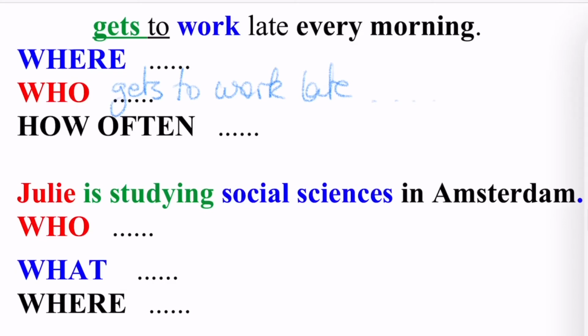And as you can see here, there's no auxiliary do. In the first sentence, we had where does she get to late. In the second one, we've eliminated the auxiliary because when we want to know the subject, we only use who, as I had mentioned earlier.